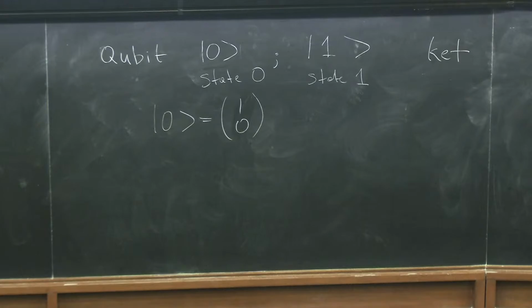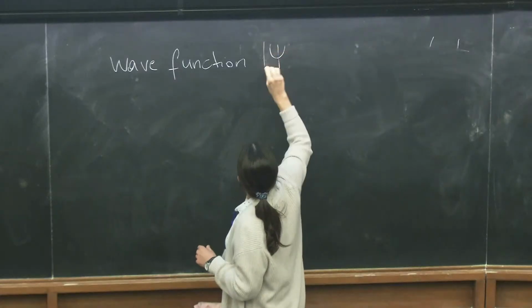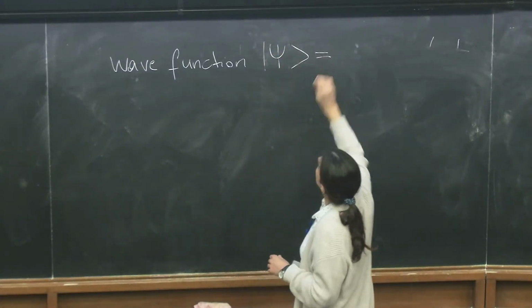This is something we talked about already. You have your quantum state, and you want to write your wave function. This is very important: when you write your wave function, the way your qubit state evolves under Schrödinger's equation, we typically call it capital psi, in ket notation.